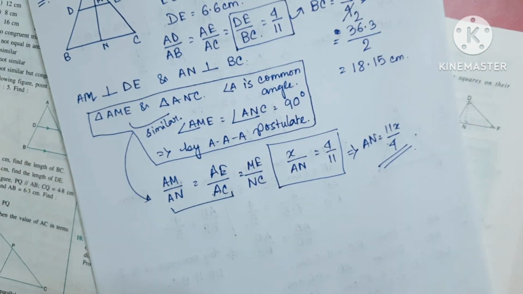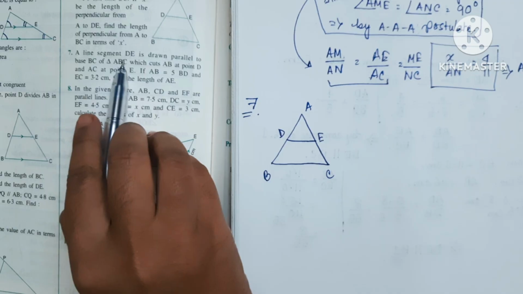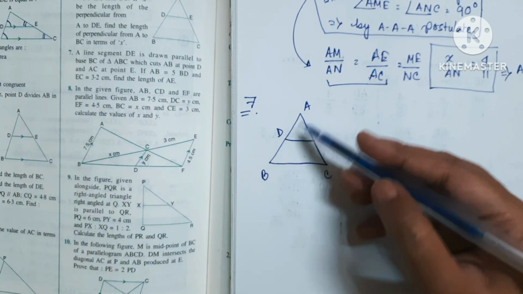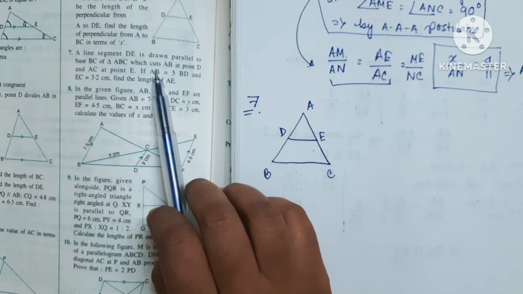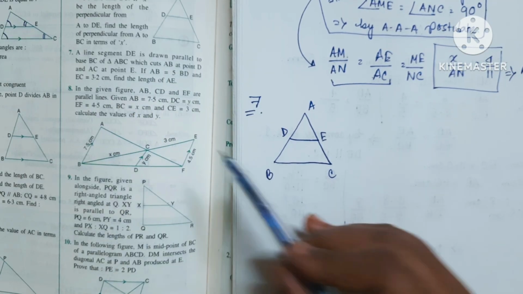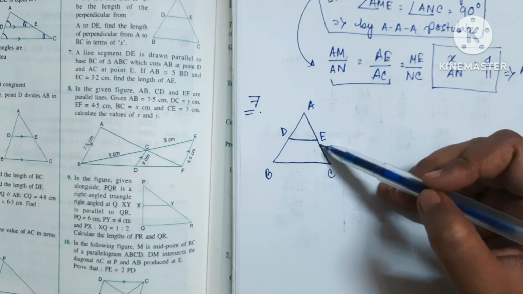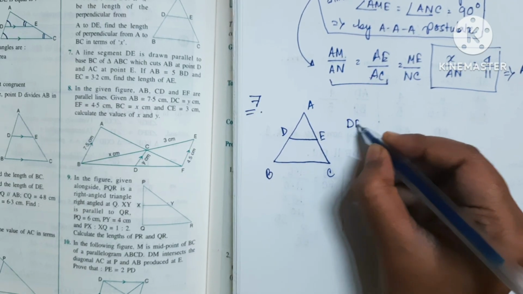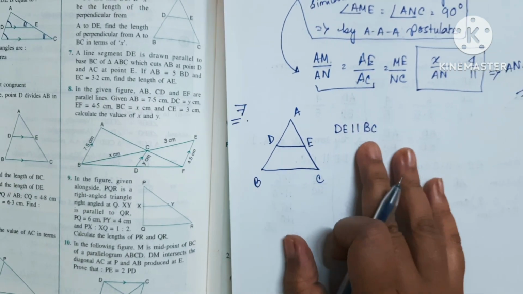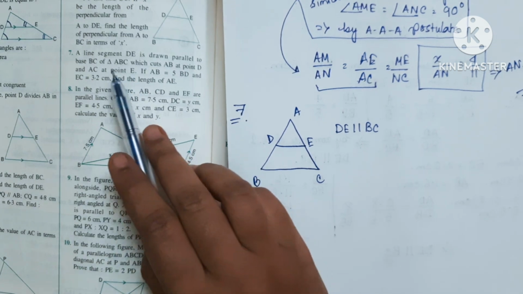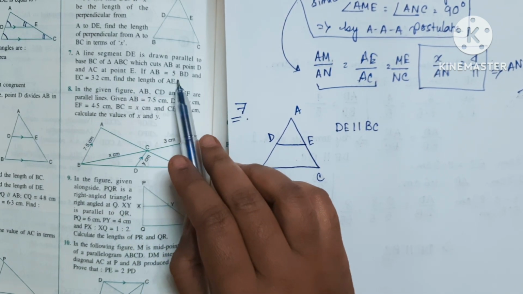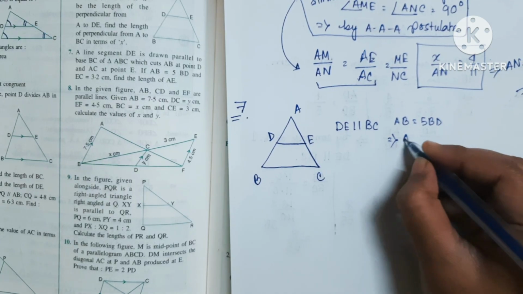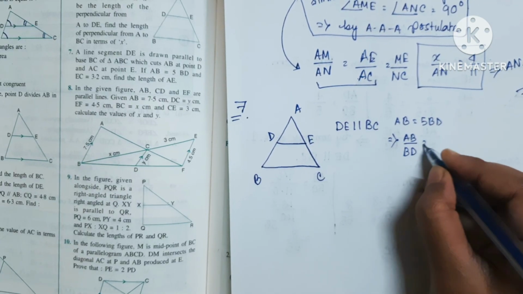In case of question number 7, a line segment DE is drawn parallel to the base BC of the triangle ABC, which cuts AB at the point D and AC at the point E. Now DE is parallel to BC, that is given. Now see, AB equals 5 BD, that implies AB by BD is equal to 5.